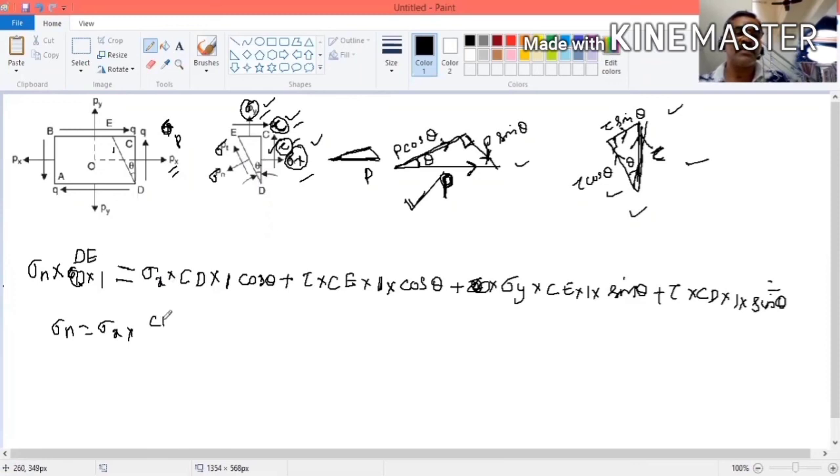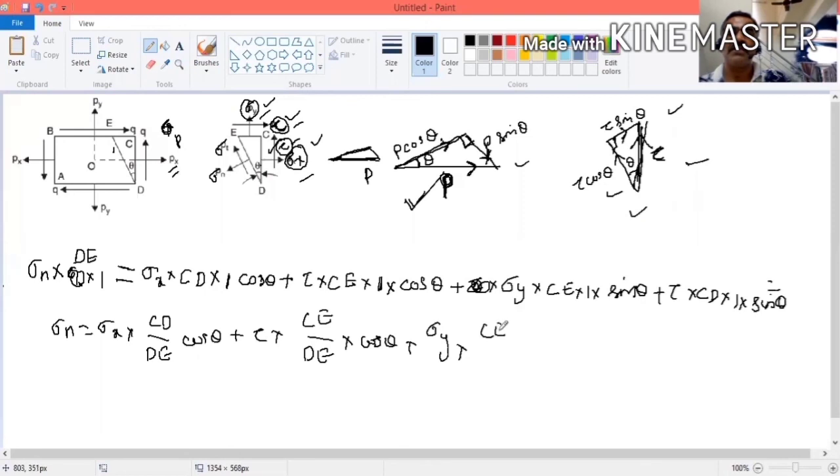So you will get sigma x into CD by DE into cos theta, plus tau into CE by DE into cos theta, plus sigma y into CE by DE into sin theta, plus tau into CD by DE into sin theta.